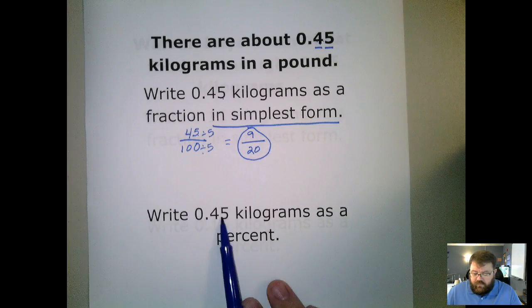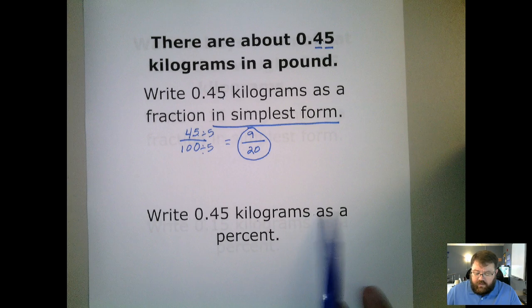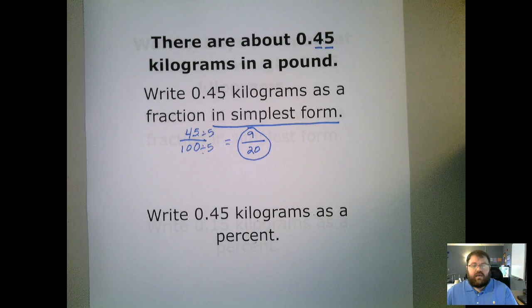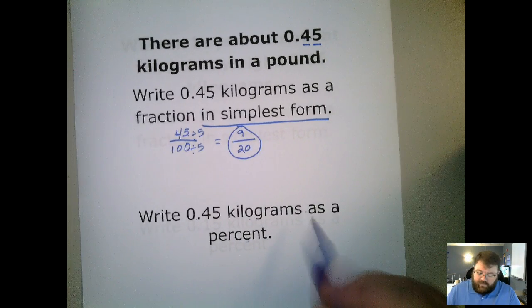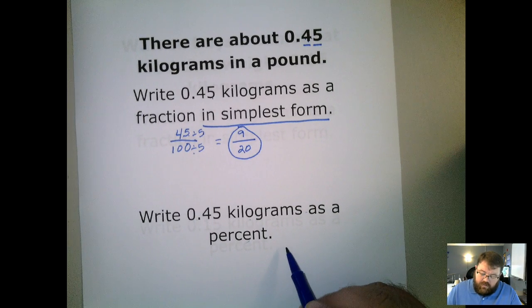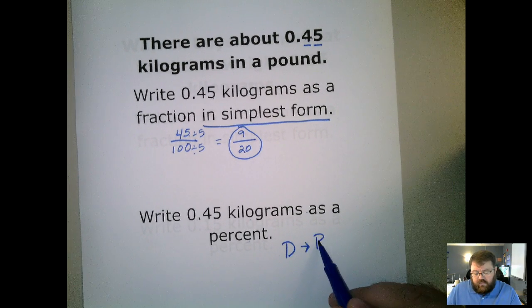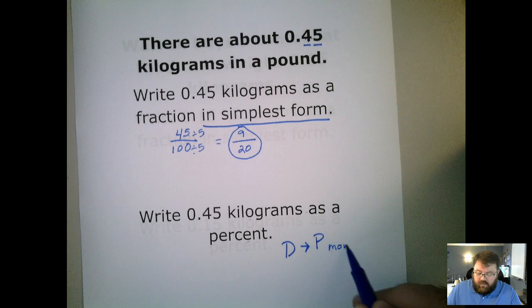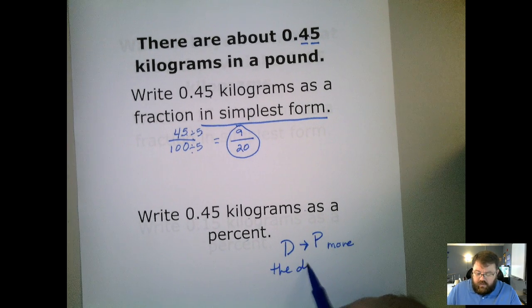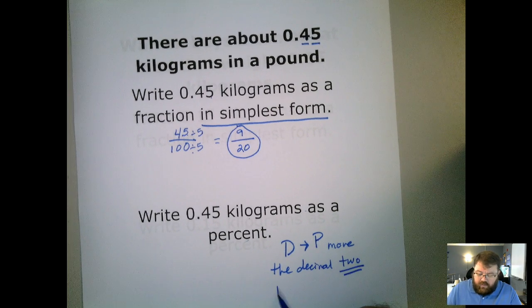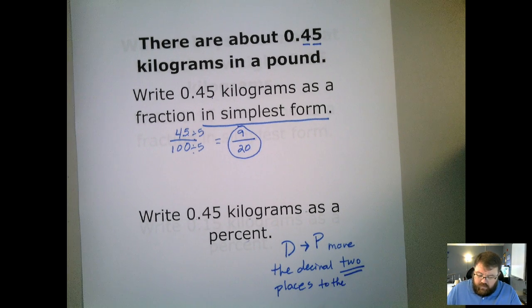Next, write 45 hundredths kilograms as a percent. Okay, now for this one, if we are doing a decimal to a percent, we are going to move the decimal 2 places again, but 2 places to the right.